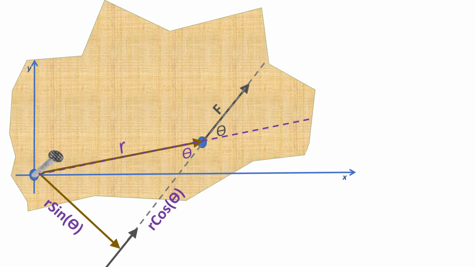One more way to think about that angle. Rather than splitting the force into x and y components, we could have also split our position vector into perpendicular and parallel components. So same angle on each side here, and now we're splitting our position vector into which piece is perpendicular to the line of action of the force.